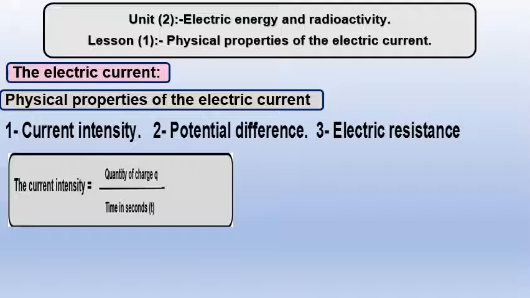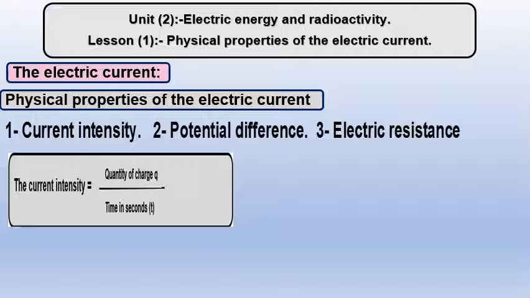Electric current intensity equals quantity of charge divided by time in seconds. So I can define it as the quantity of charge that passes through a cross section of a conductor in 1 second.